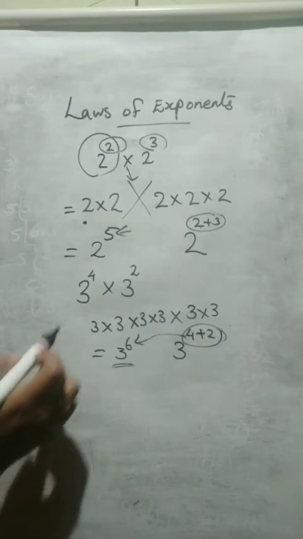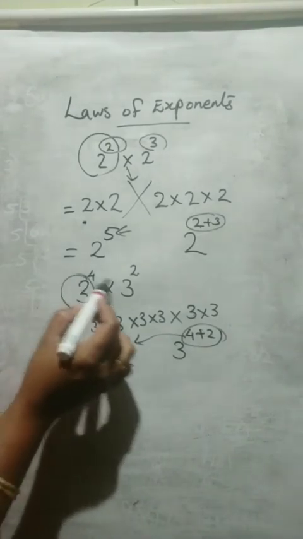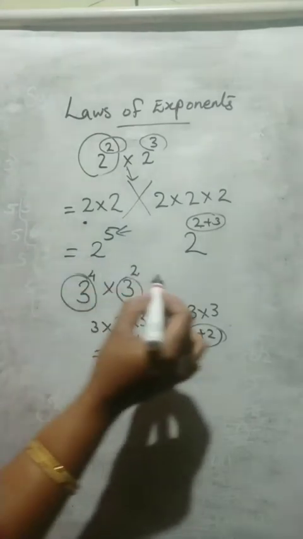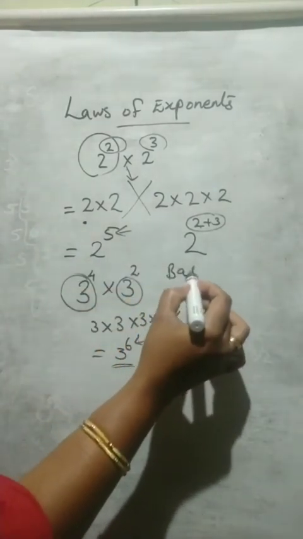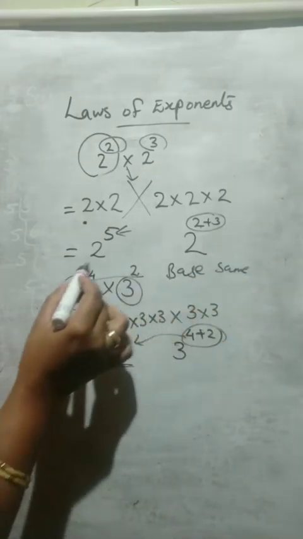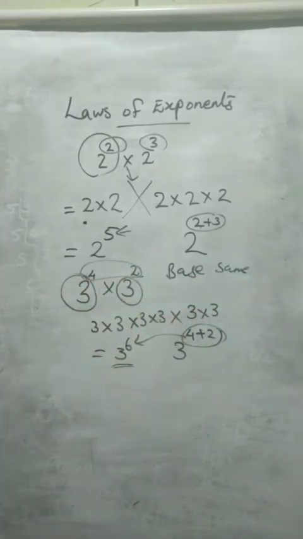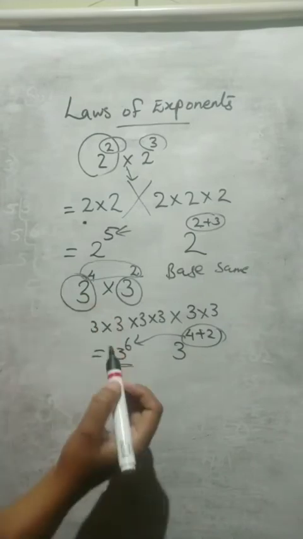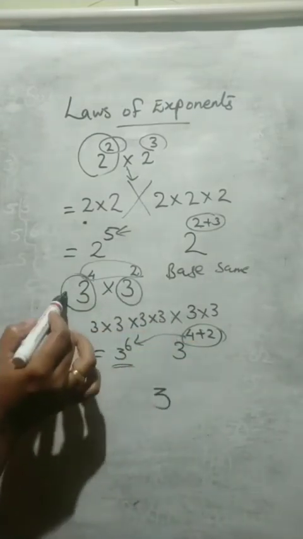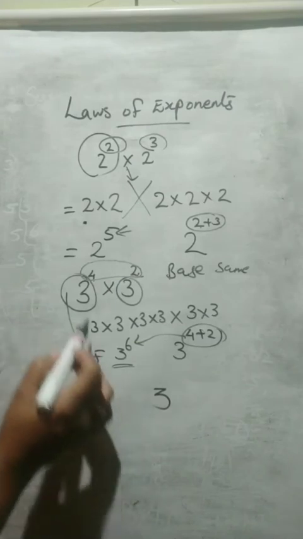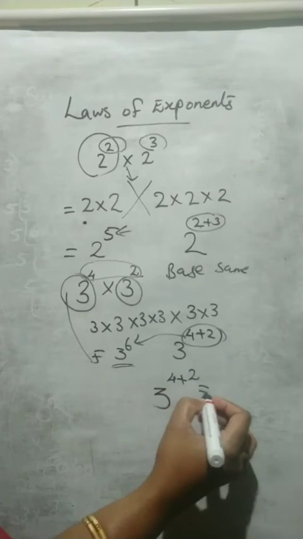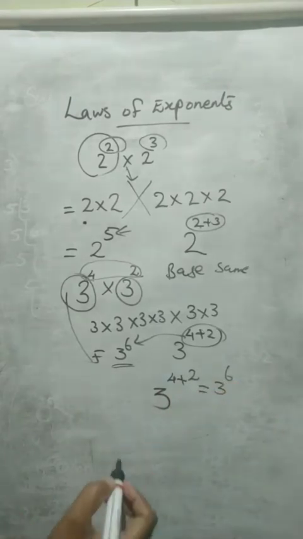So, when the bases are the same, 3 and 3 are the same, 2 and 2 are the same, the base is the same, and the powers may be different or the same, then we can write the base itself and add the powers. 4 plus 2, that is 3 raised to 6.